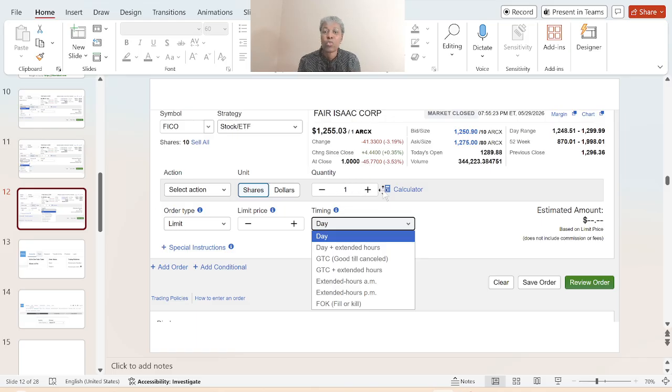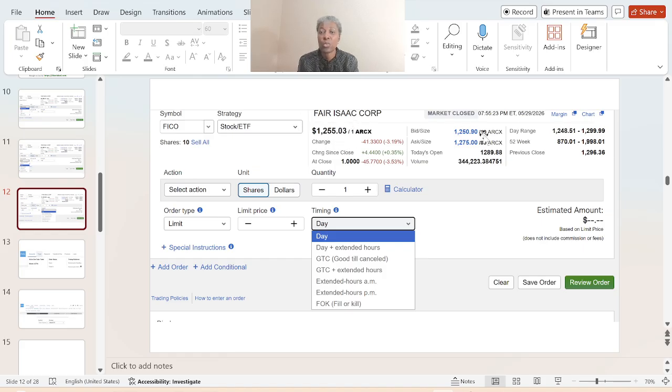Then you choose the quantity that you want to purchase, and then you set your price. I like to place those orders during my lunchtime, so midday, when the market has been open for some hours. I like to see the price the market is selling at the time I log in, and the bid and ask prices.